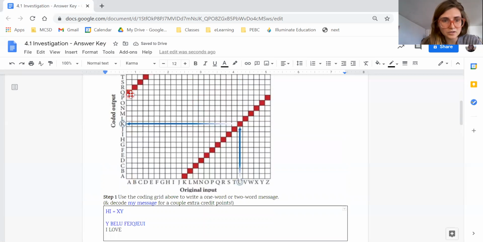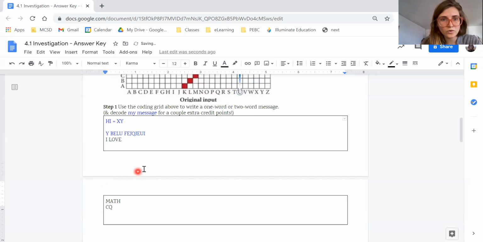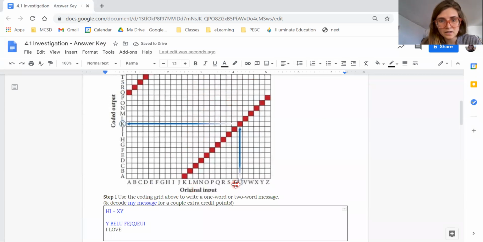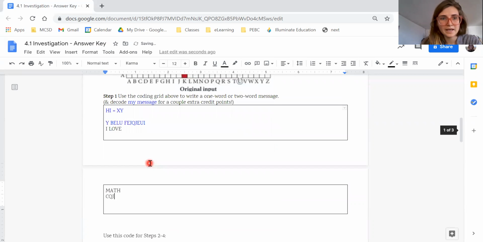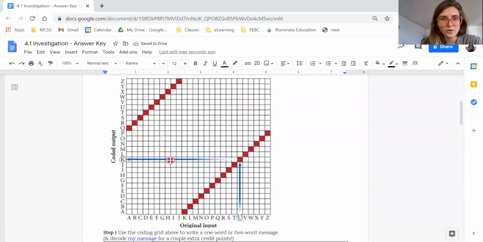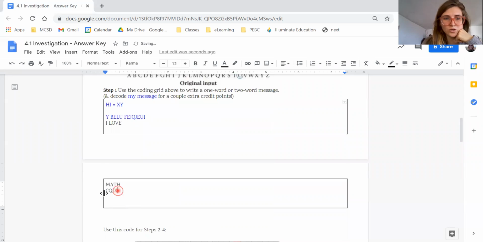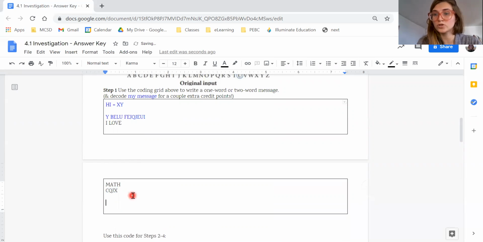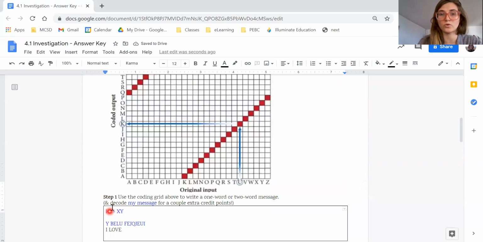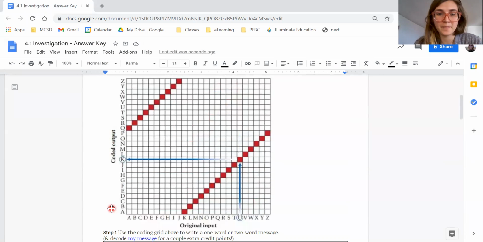So A is Q. T would be J. H would be X. Okay? So C, Q, J, X. That is the code for math. Okay? So I want you guys to create a 1 or 2 word message using this code grid. Okay?